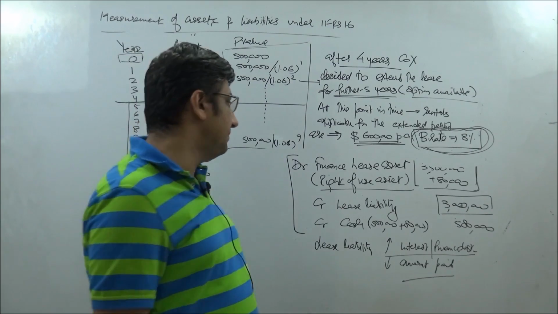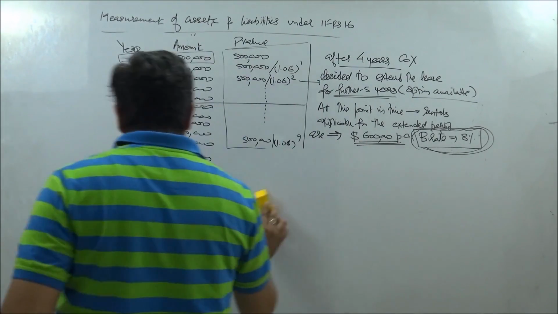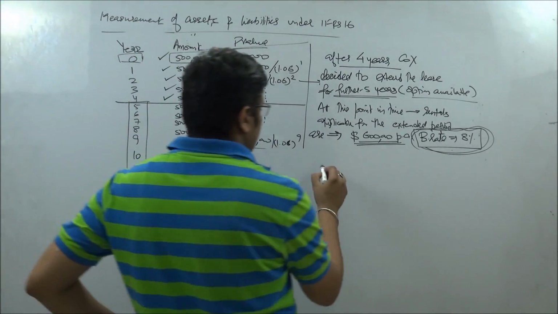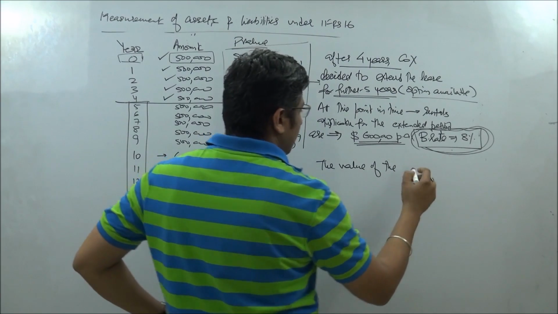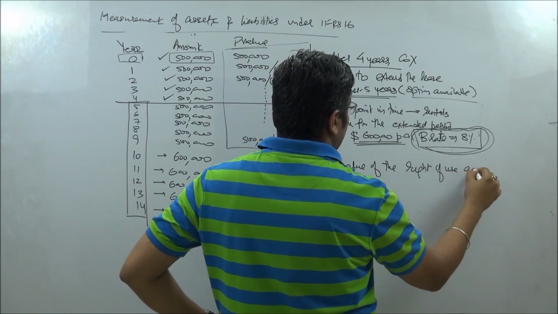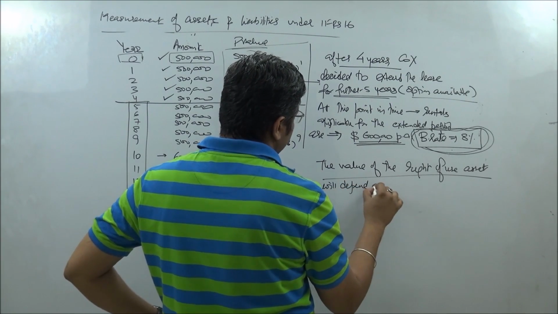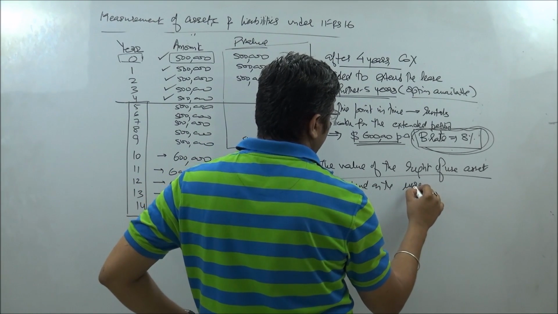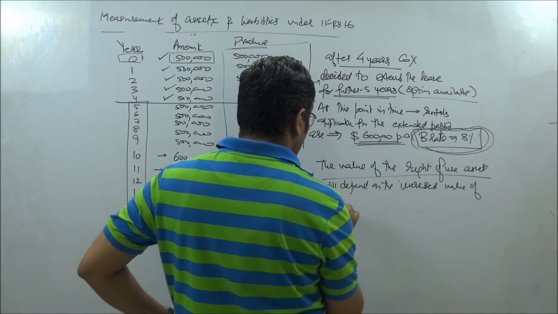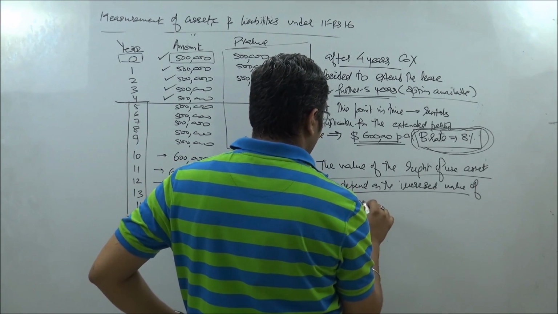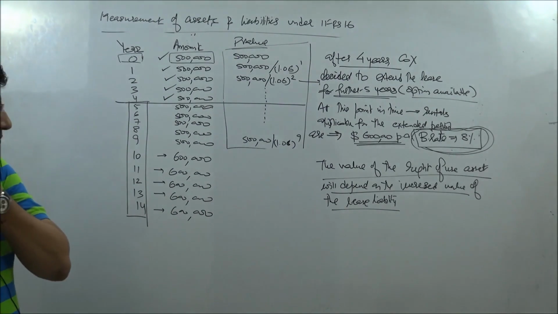So that is something that we need to remember: the value of the right of use asset will depend on the increased value of the lease liability, right? Let's try to make it a little easier here.